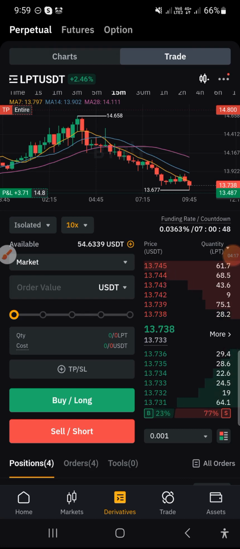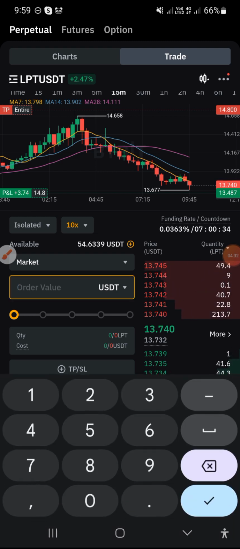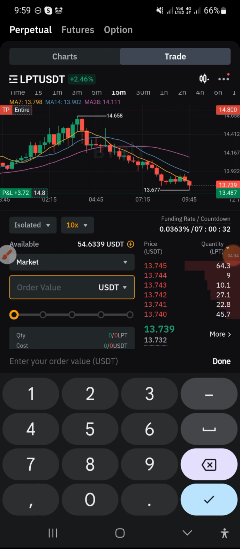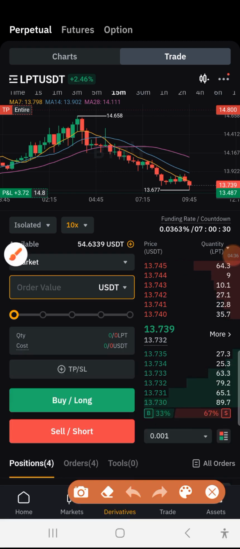For instance, you want to use $10 to trade. Let's say we are buying LPT now. You can come here and put $10 times 10, because you are using leverage. This is what we call leverage, 10x leverage.